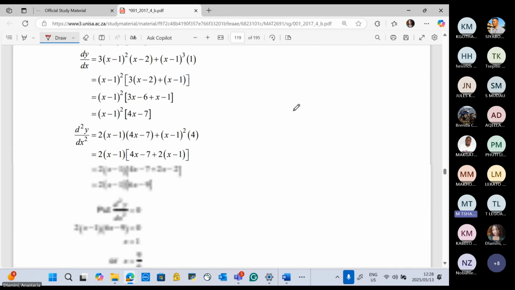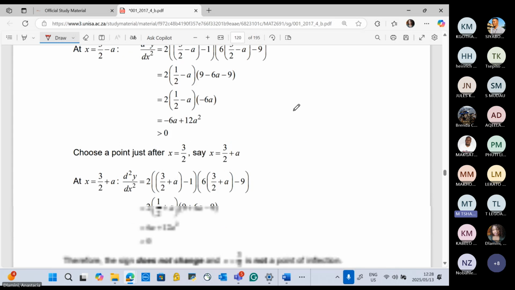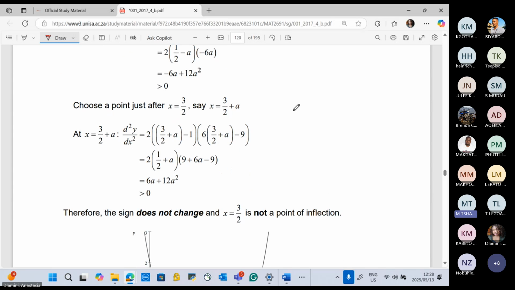Oh, ma'am, I was just asking, which method do we use that is safest? Is it that we are using the variable, or we can just choose the value? You can choose the value, but I don't want all of you to choose because there's 800 of you. So imagine all of you choosing different values. Just generalize it.